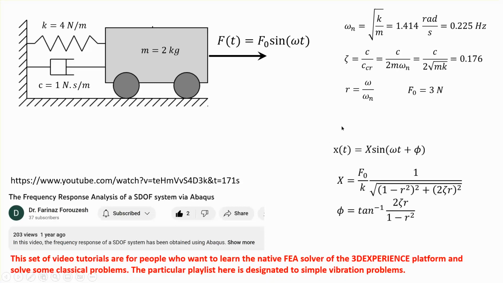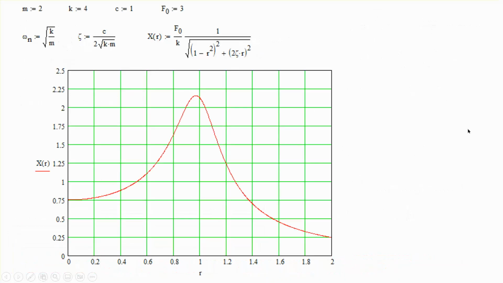In these vibration textbooks, you find that the response of the solution looks like that. There's an amplitude big X, and there is a phase that you can calculate based on the information that was derived here.